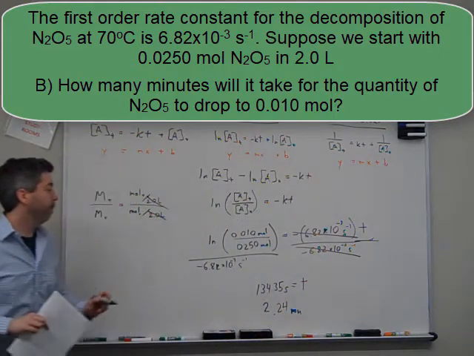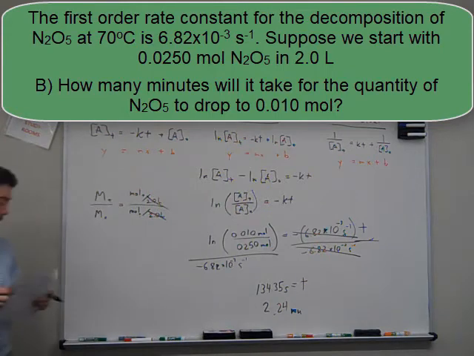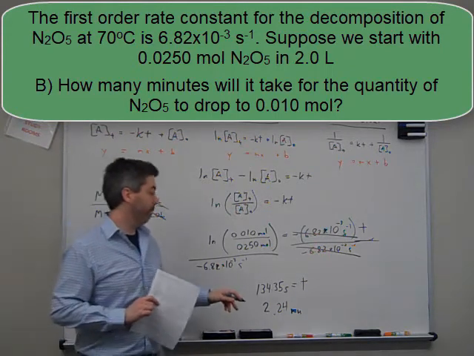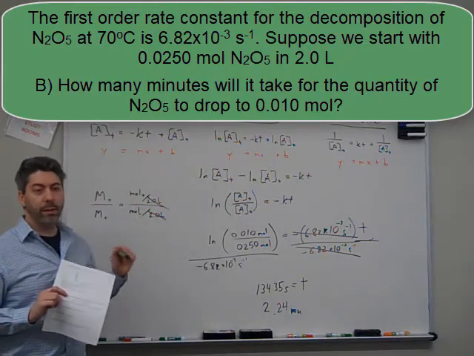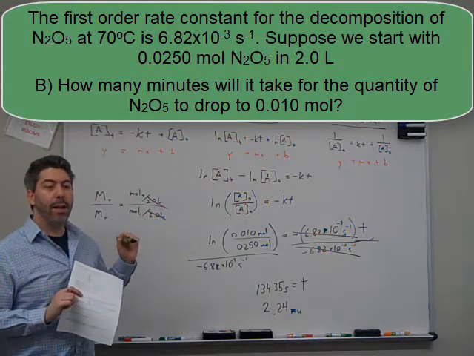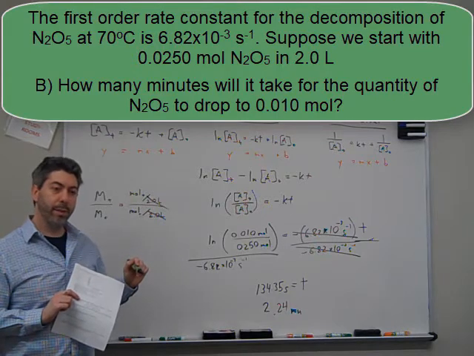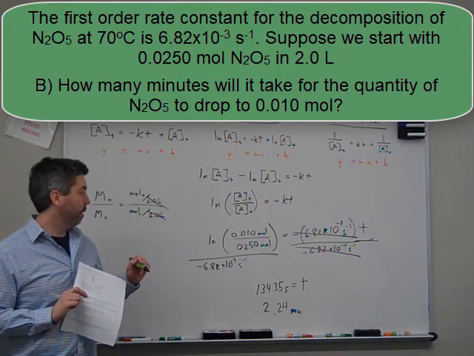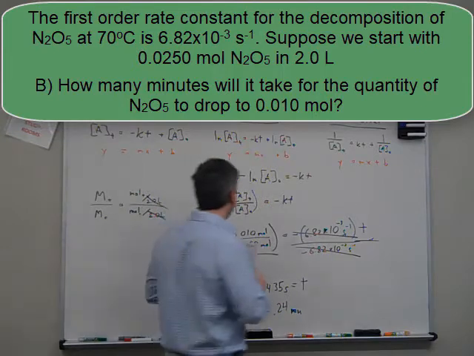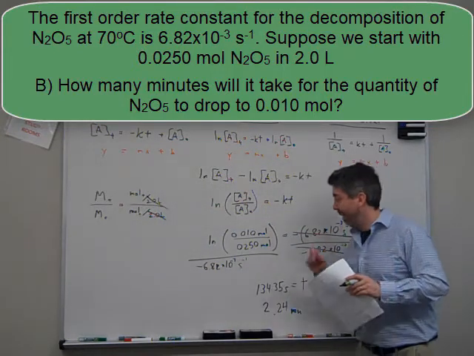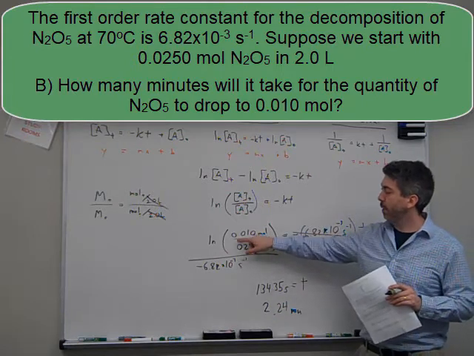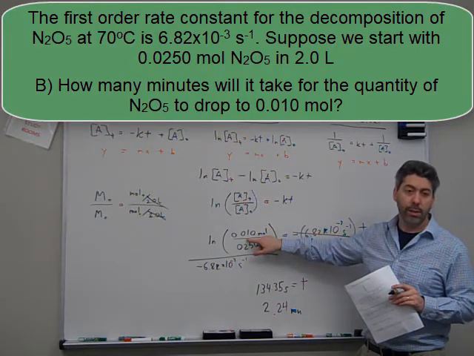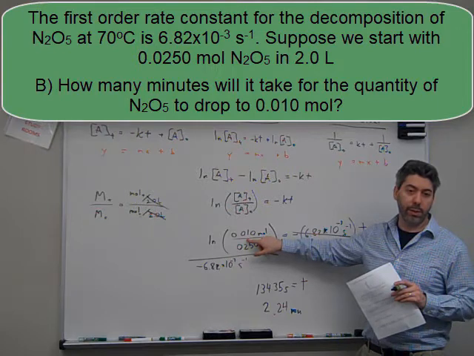Now here's the thing though. In the previous problem, part A, it took 2.5 minutes, right? It took 2.5 minutes, and what was that amount, the most that was remaining after 2.5 minutes? 0.009. Here, it took 2.24 minutes less time to get to 0.01, which is just a little bit above 0.009.